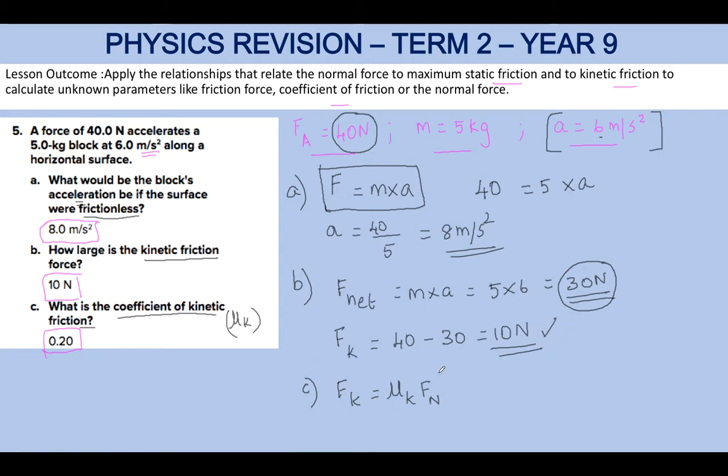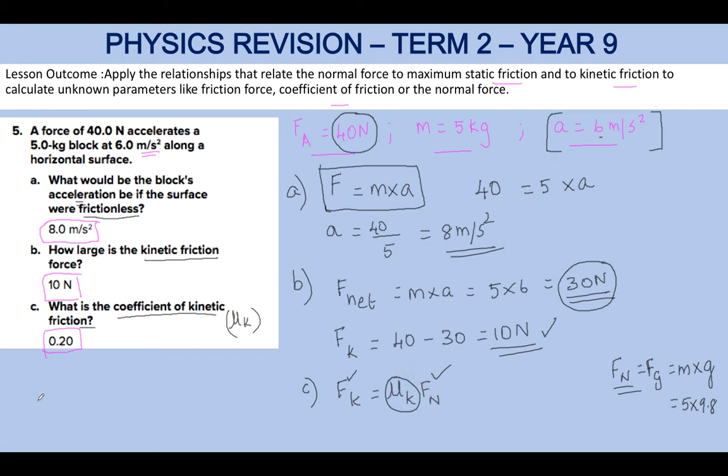Normal force is not given. How do we find normal force? It is equal to the force of gravity, m times g. So 5 times 9.8 will give you the normal force. You can substitute all this here: normal force, Fk, and you can find mu k.